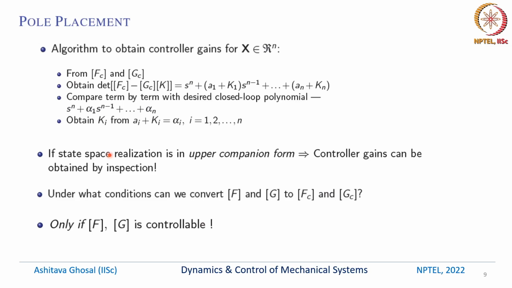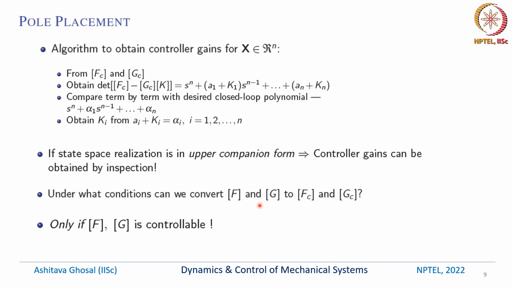So in summary, if the state space realization is in upper canonical form, or the controller canonical form, the controller gains can be obtained by inspection. So the natural question is under what conditions we can convert a normal F and G to the controller canonical form FC and GC.